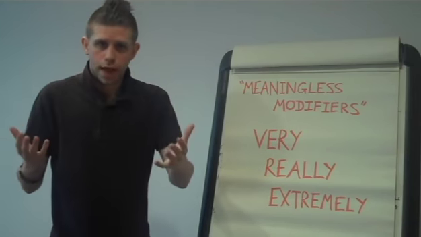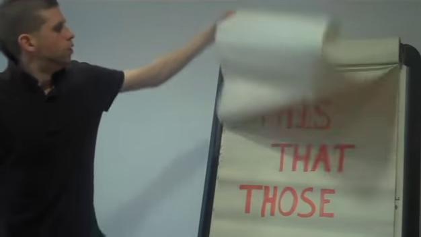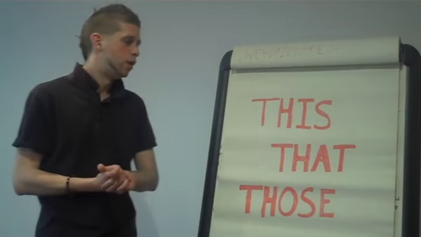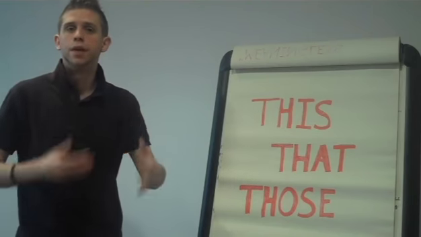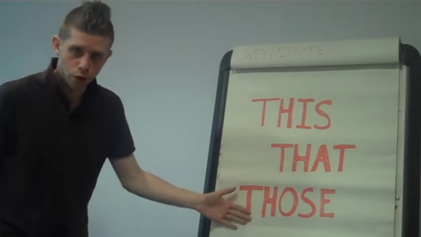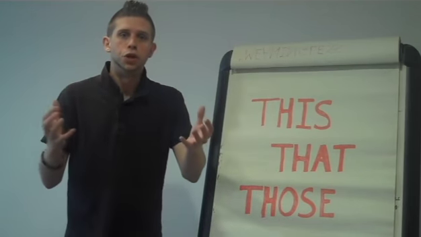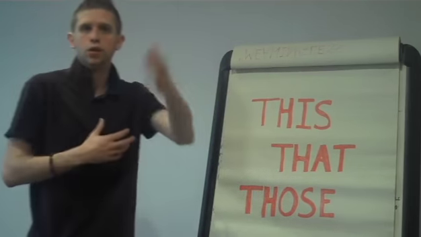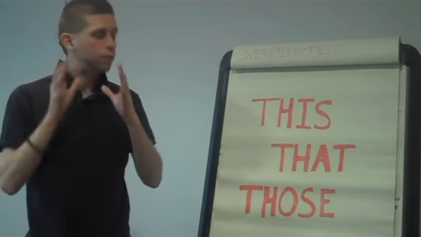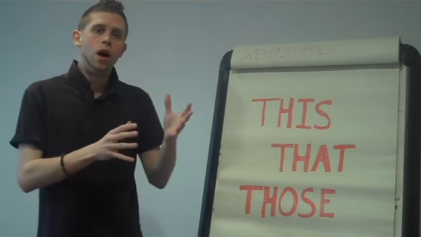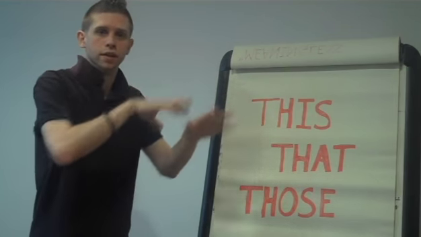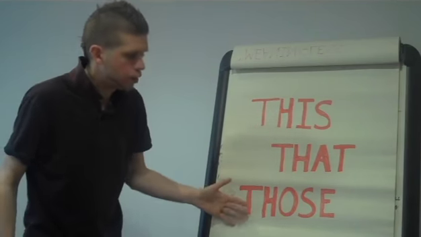So the next thing I wanted to mention, that again is a common issue and something we need to be aware of, is words like this, that, and those, which obviously refer to other words in a sentence or phrase or paragraph, and you'd be surprised how often it's not clear which other part of a sentence these words are referring to.